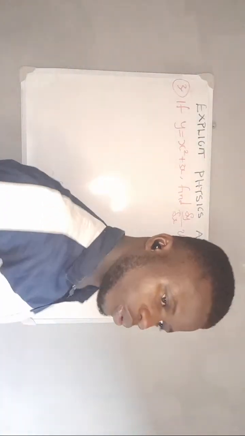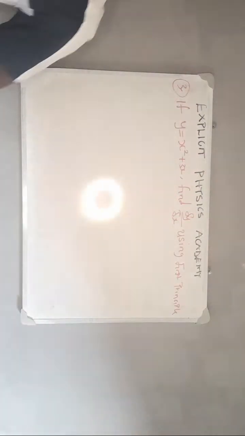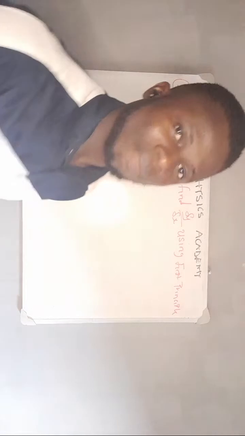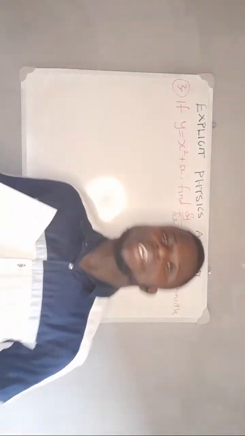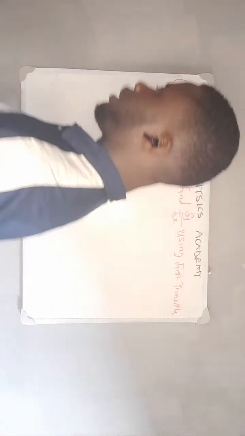We have to find dy dx using first principle. We have been given a function in this place, and the question here is using first principle, find dy dx. I believe in just 3 seconds you must have started solving already in your notes and your jotter, so it won't take you much time to resolve it.